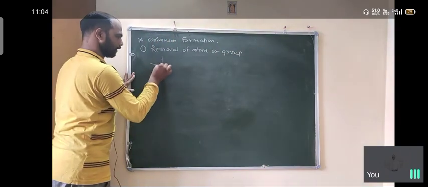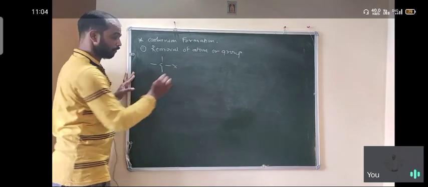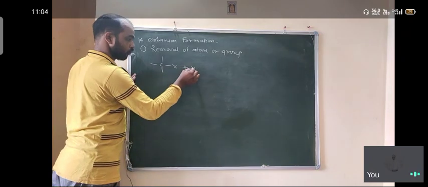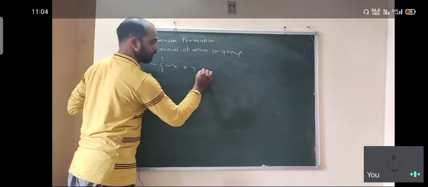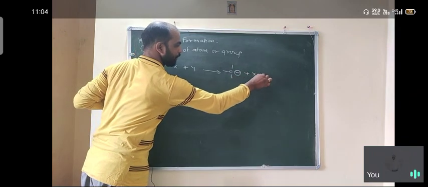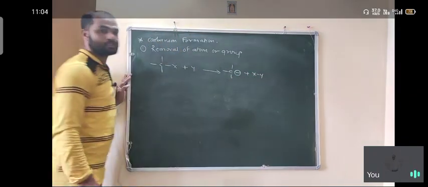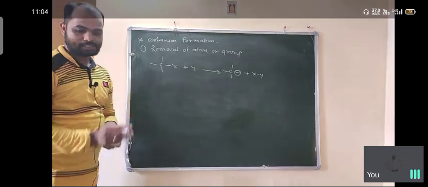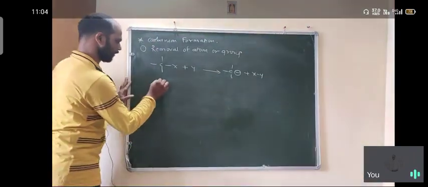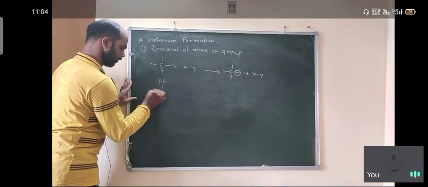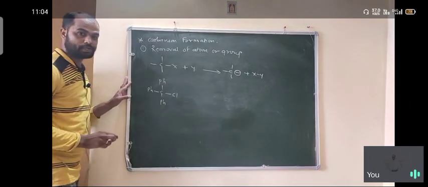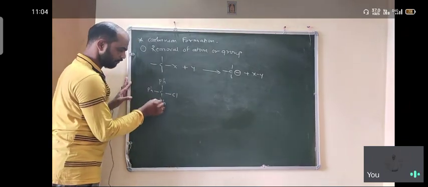Suppose X is any group, and Y is the species responsible for removing it. Y removes X, and after that a negative charge is formed, with X and Y combined together, so again we get the formation of carbanion. What is the example for that? Suppose we consider Ph3C-Cl, with three phenyl groups.